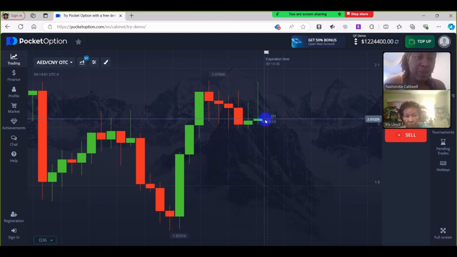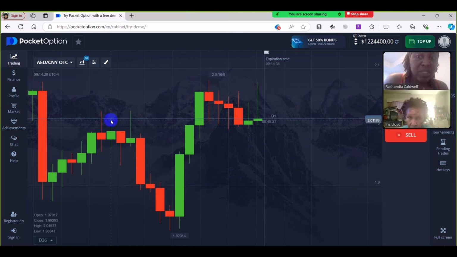So the current candle is right here. That line, you see that line where it says D1 right here? This is where the current candle is. So when you look to the left, what you're looking for is how close it is getting to where it rejected the last time. The bottom of what candle? Or the top of what candle?